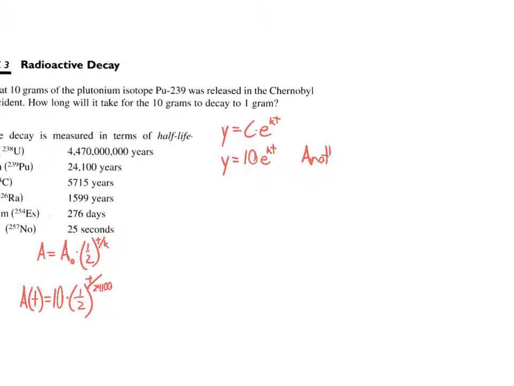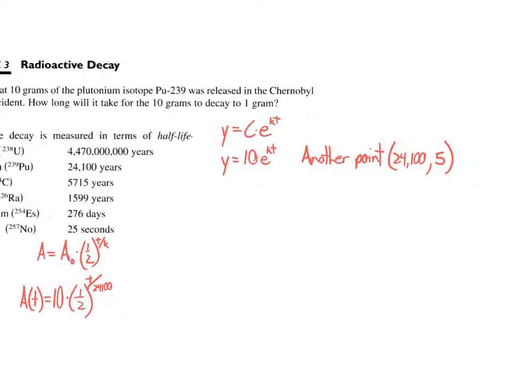Another point we would know on the model would be after 24,100 years, we would end up with 5 grams, because that's 1 half-life, so half of 10 would be 5.